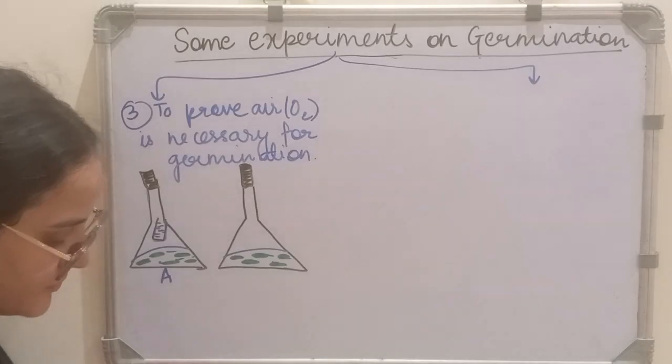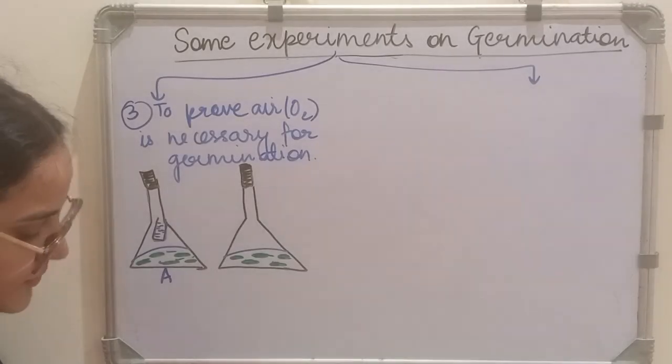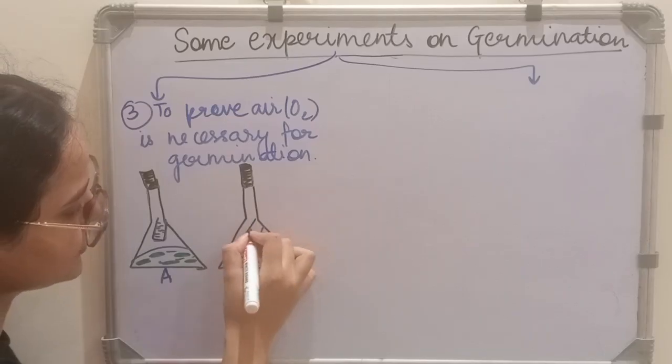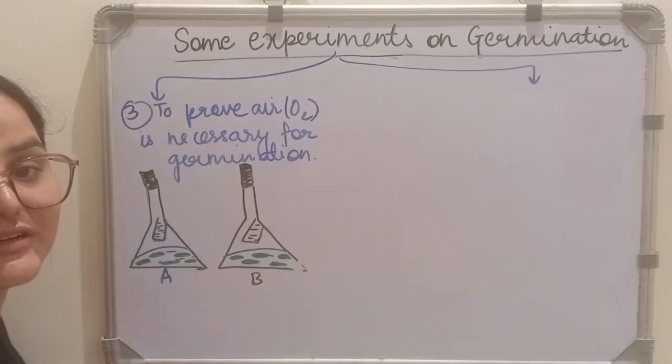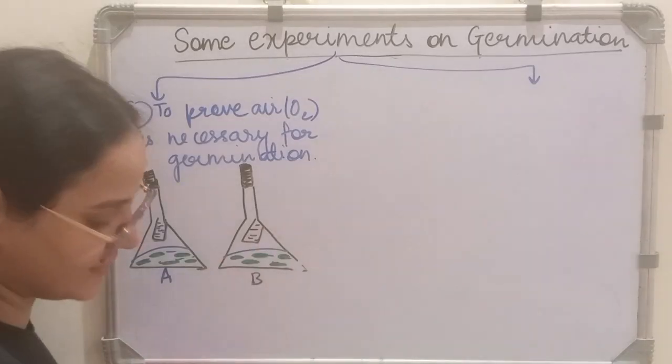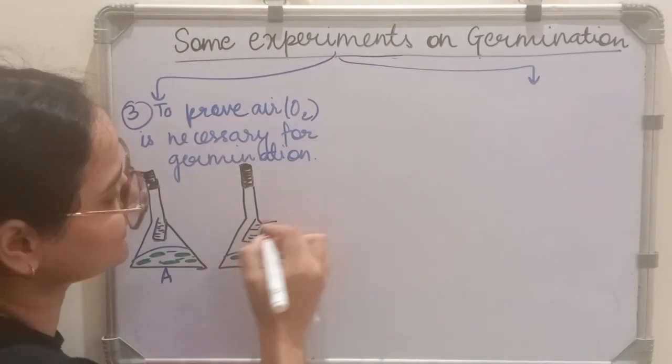Okay. Now while in test tube B we have taken a tube which is filled with pyrogallic acid. I will explain what is pyrogallic acid.